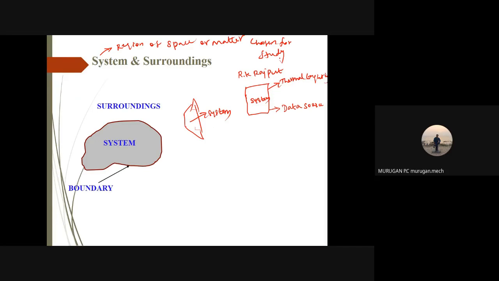Understood? Yes, sir. Whatever we are going to study is the system. Beyond the system, what we study outside is the surroundings. The system and surroundings are separated by a layer that is called the boundary. Understood?